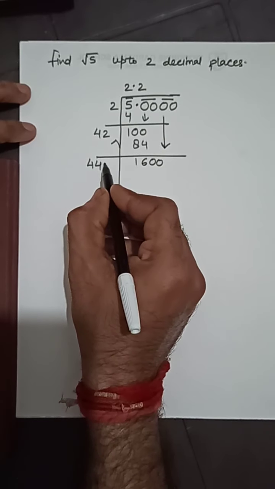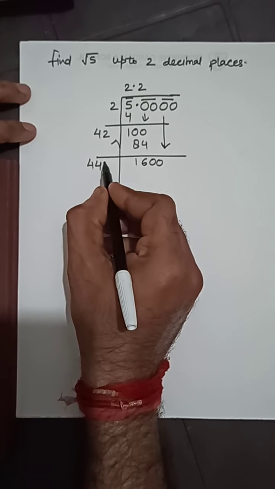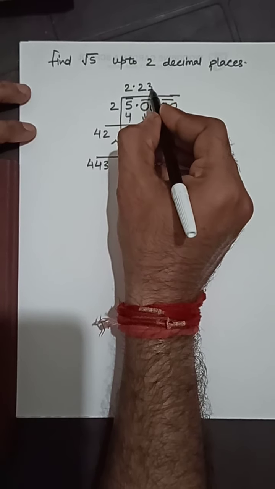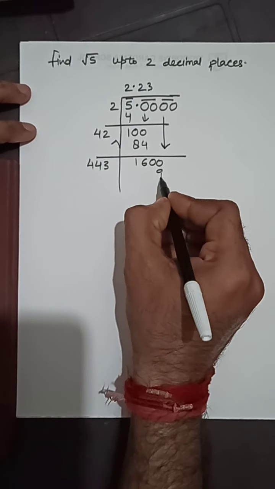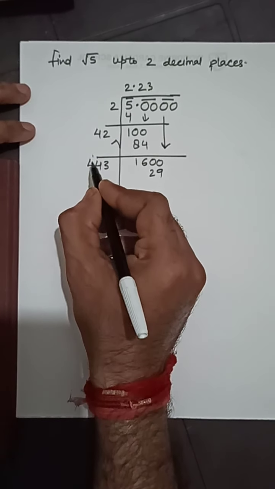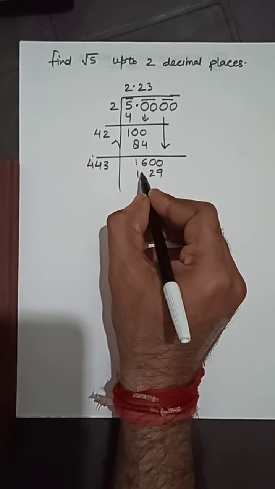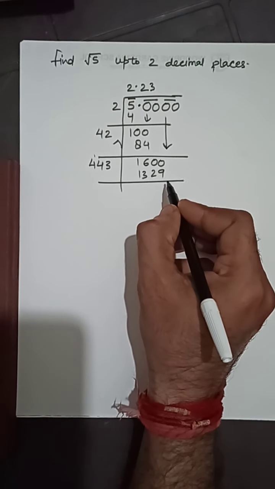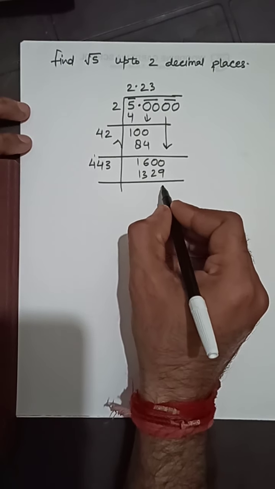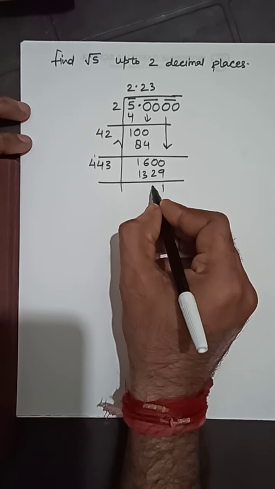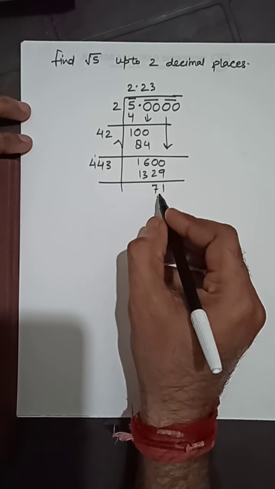So here we can take 4 times, it will be more, so we will take 3. So 3 3 is 9, 3 4 is 12, 2 carry 1, 3 4 is 12 and 1, 13. Subtract 10 minus 9, then it is 1, 9 minus 2, then it is 7, 5 minus 3, then it is 2.